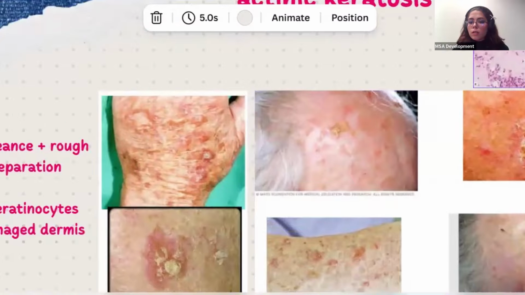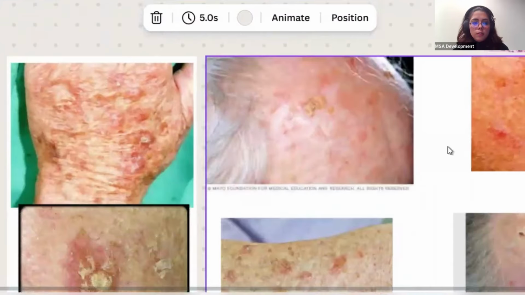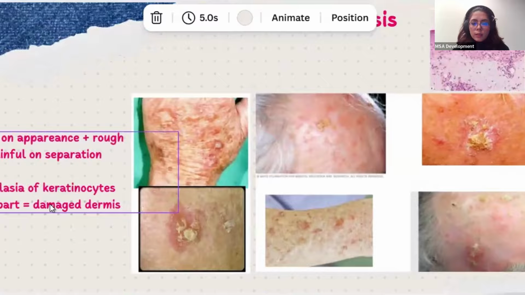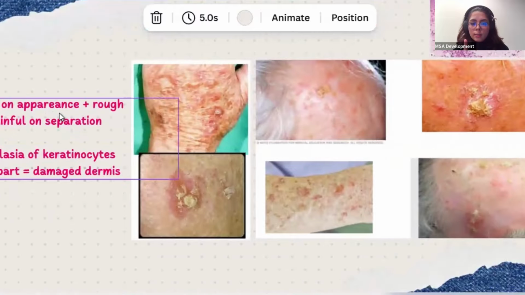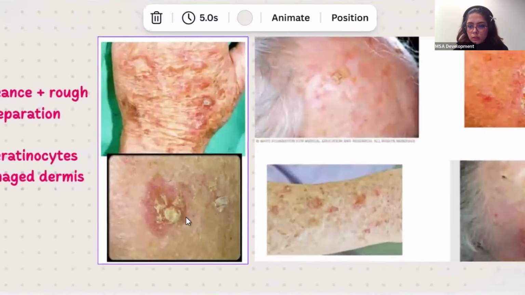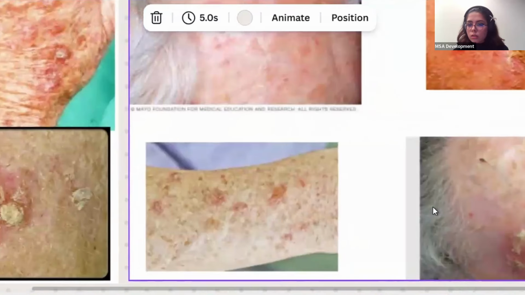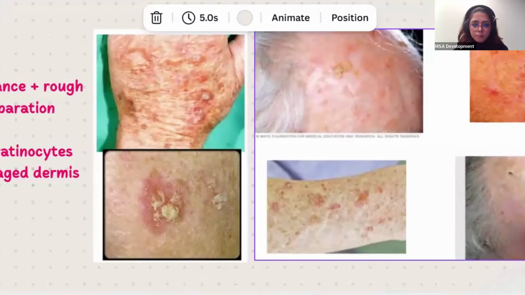Again, most of these pictures specifically are recall. It has a stuck-on appearance, but 9 times out of 10, when they say stuck on, it's seborrheic keratosis. Dysplasia of keratinocytes, the gray part. The gray part is usually due to damaged dermis. This one is actinic cheilitis.